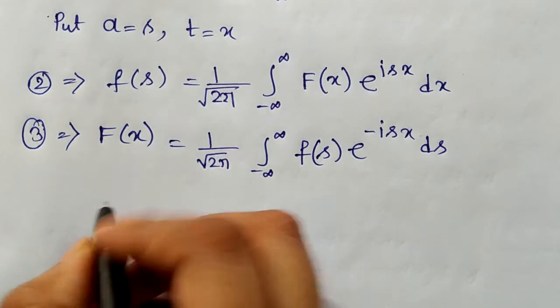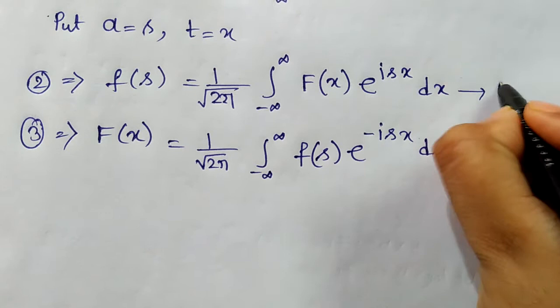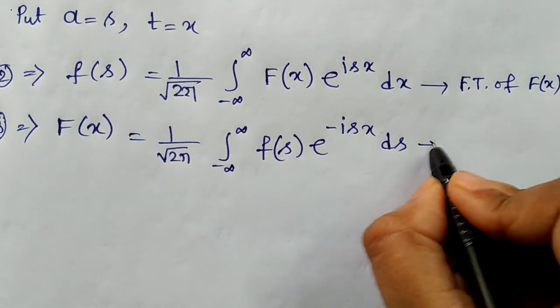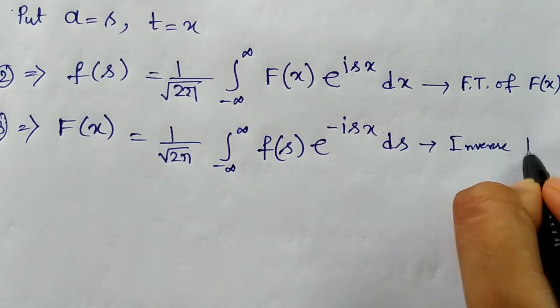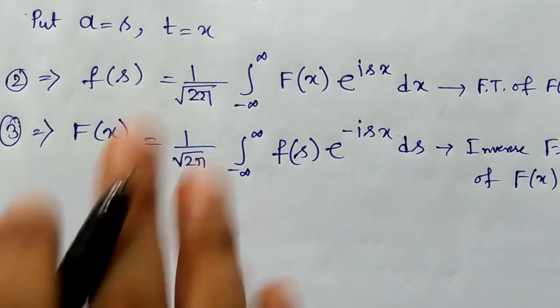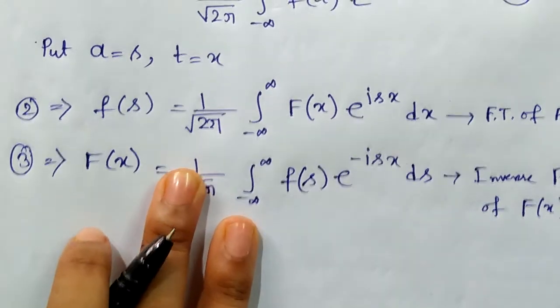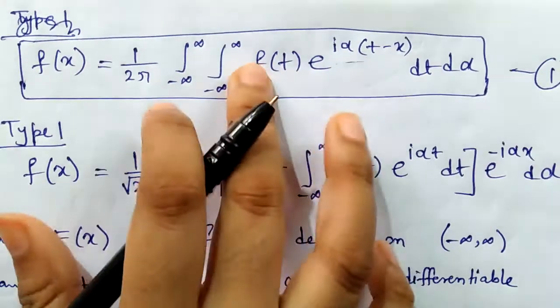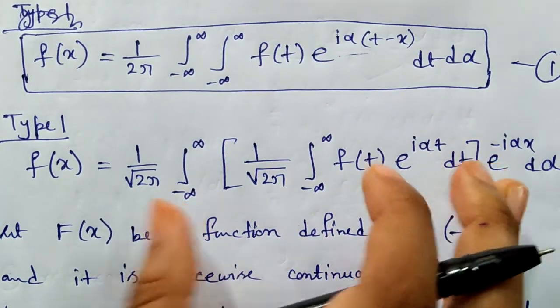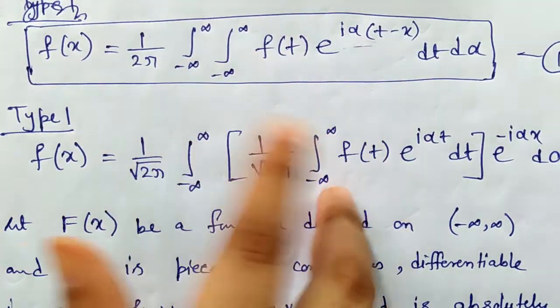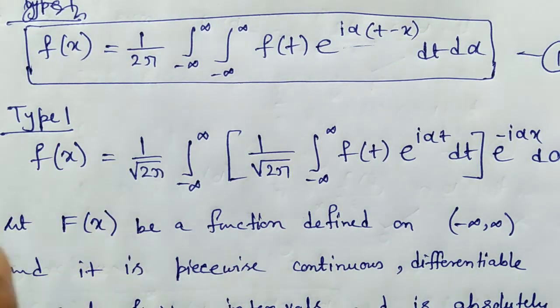So this is the Fourier transform of the function capital F(x), and this is the inverse Fourier transform of the function capital F(x). This is the formula. This is one type, and this type starts from here. This is our main key line. Then we just rearrange these terms and we get this type 1 formula. Again we can rearrange these terms and generate the other formulas.